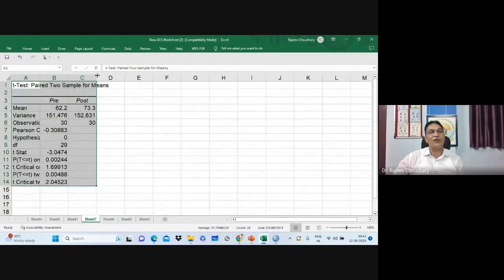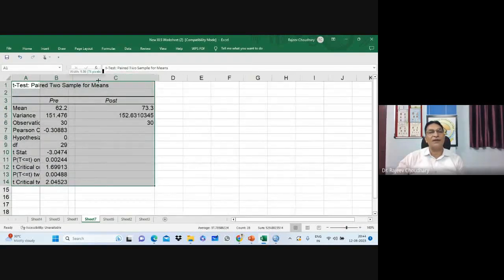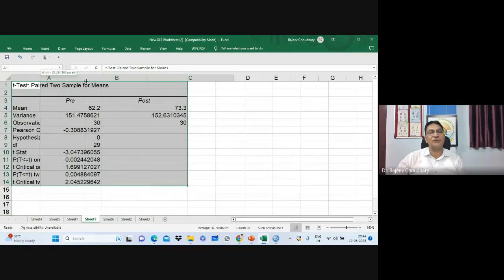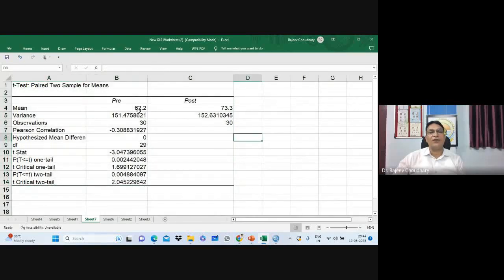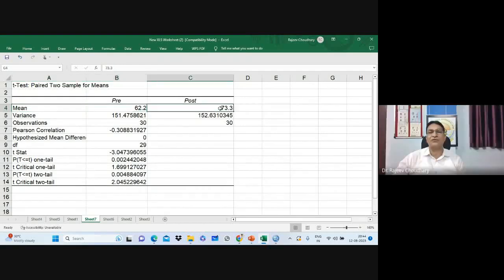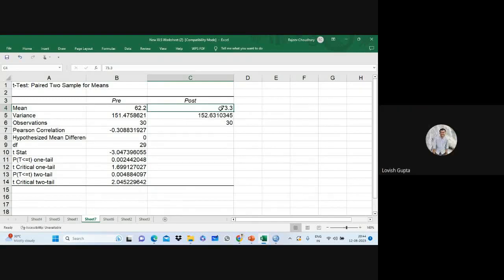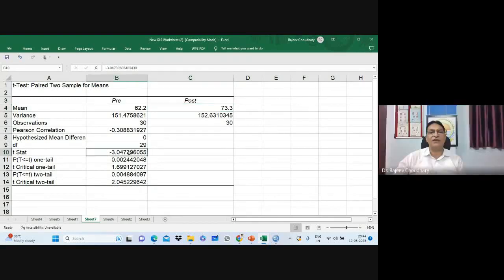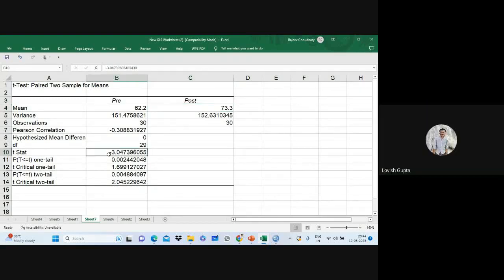You have to explain this output. Gupta ji, what is the mean value for the pre-test? 62.2. For the post-test? 73.3. And the t-value is? Minus 3.04.